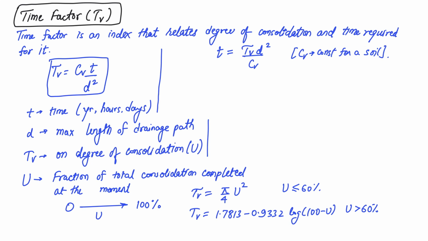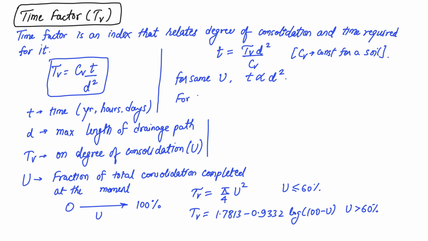You know that the value of TV depends upon the degree of consolidation. That means the more the degree of consolidation, the more time will be required. But apart from that, for the same degree of consolidation, the time required will be directly proportional to small d square.